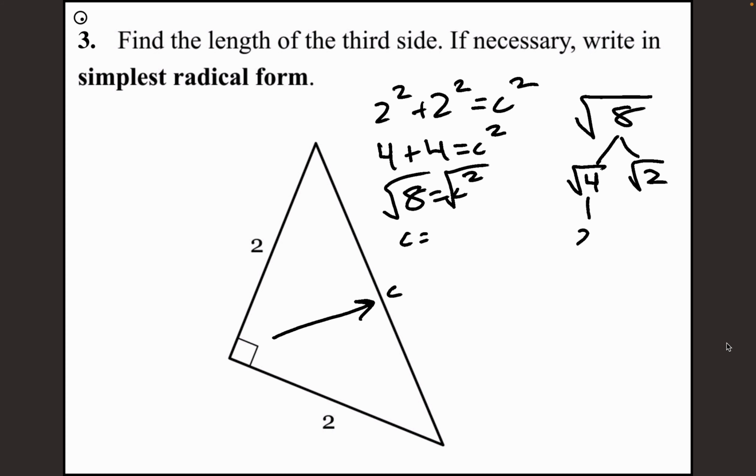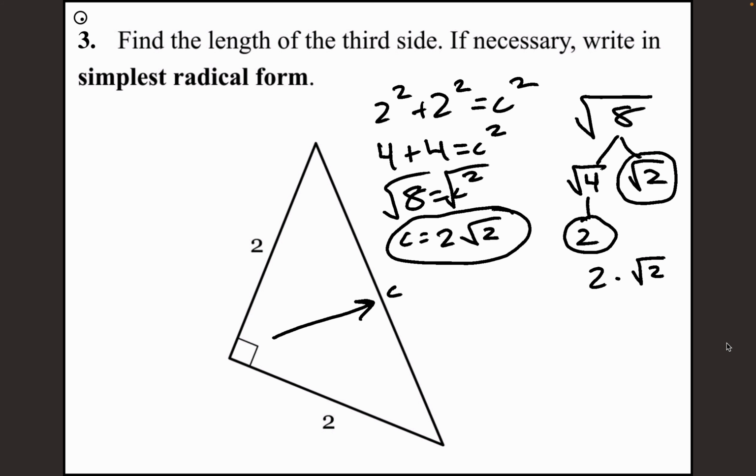Yes, I can. That's going to come out as a whole number, just 2, so I'm going to circle it. Can I simplify the square root of 2? I cannot, so I'm going to circle that. Now I need to multiply them. So I have 2 times the square root of 2. Can I multiply these? I cannot. So my answer for C is going to be 2 square root 2.